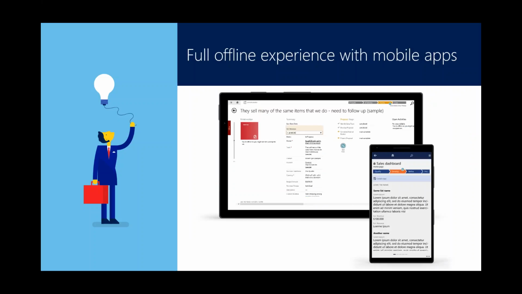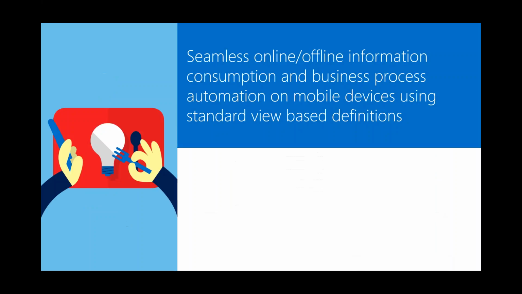In the 2015 release, some of you may have seen limited offline access with the mobile client via the use of drafts. So if I were out on the road with my tablet client, I could create a draft copy of an opportunity or a draft copy of an activity.